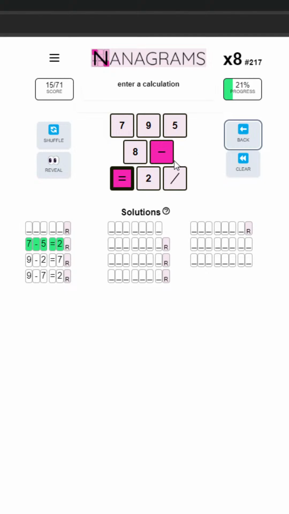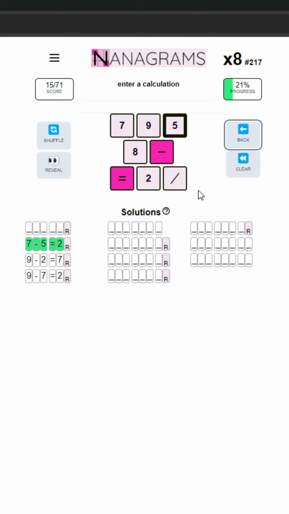85 divided by 5. I can't reuse it, unfortunately. Can only use the 5 once. I wish I could use it again. But no, I'm not allowed to.